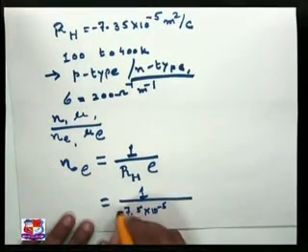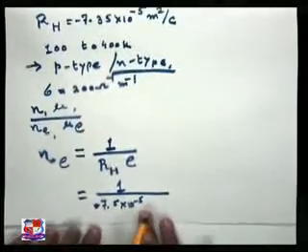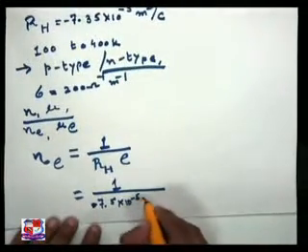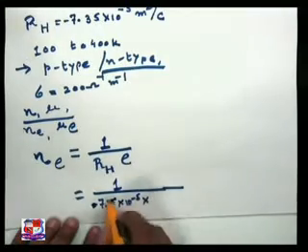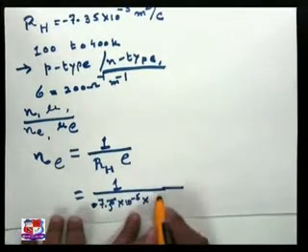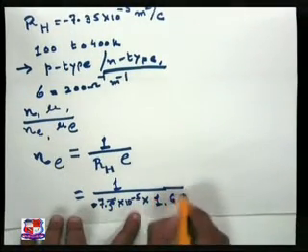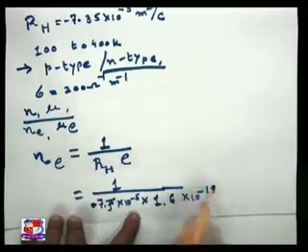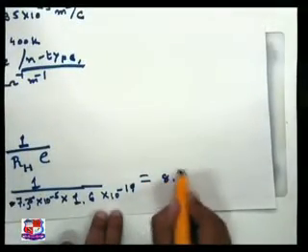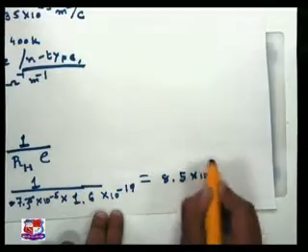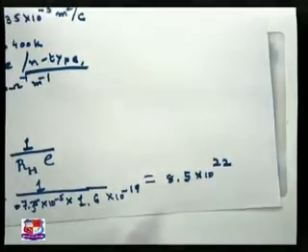If you don't use minus here, it's okay, because we have already determined the type of the material. E is 1.6 into 10 raised to minus 19 coulomb. So we have as the answer 8.5 into 10 raised to 22 electrons per meter cube.